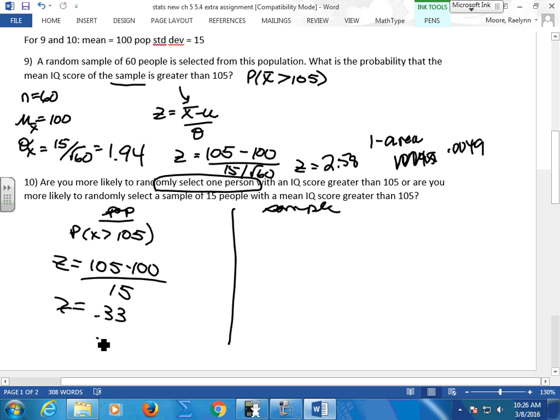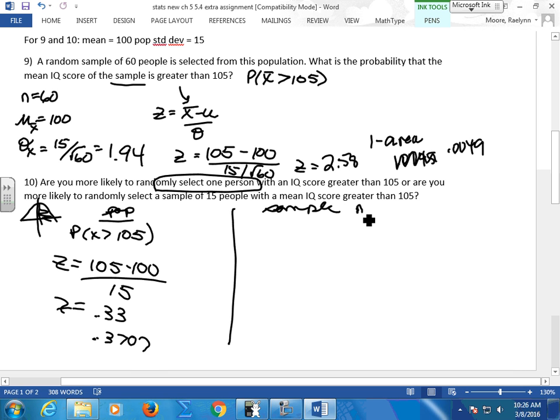Is it going to be less than 50% or more than 50%? Visualize your graph. No, after I subtract it from 1. It will be here. There's my half cutoff. It will be here, right next to it. It will be slightly less than 50%, right? So what's my area? .3707. Thank you.